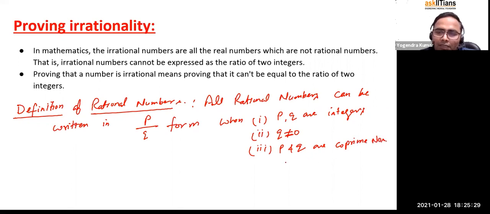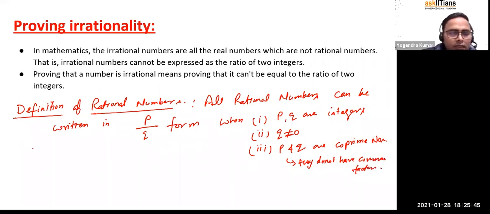Co-prime means they don't have a common factor, right? Now what are irrational numbers then? Irrational numbers are those numbers which cannot be represented in p by q form.